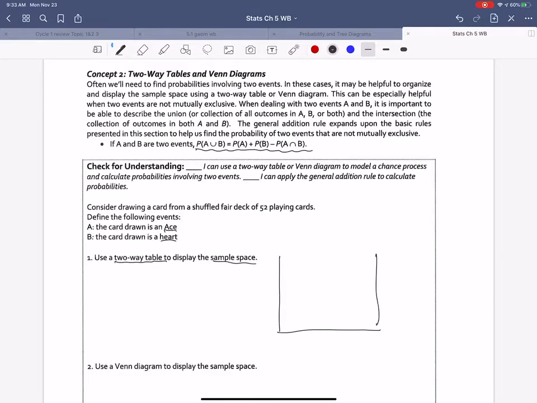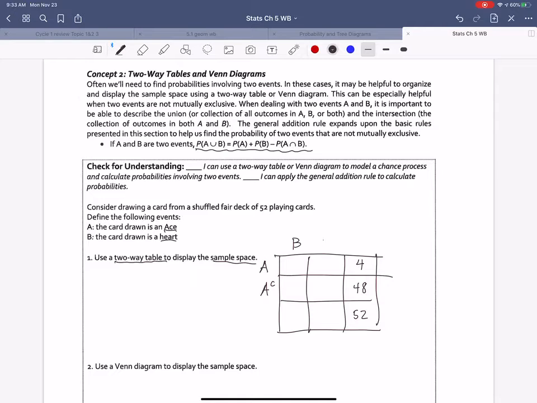Okay, so if we display the sample space, we know that there's 52 cards in the deck, right? We also know that this is event A and not event A, okay? So A is an ace. Well, we know that there's 4 aces in the deck, right? And then that would be 48 that are not aces in the deck.